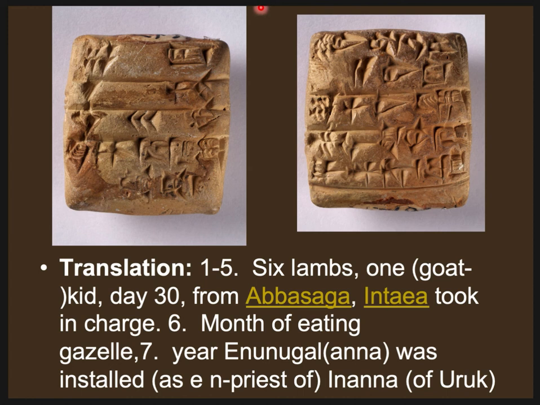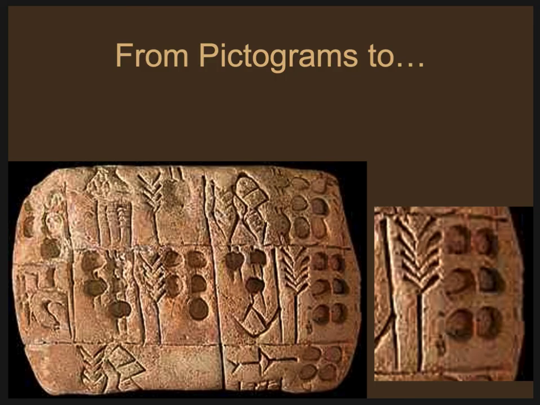So if we did this kind of writing system, we would say, first year of the reign of Joseph Biden or something like that to indicate 2021. So essentially, all this is saying is the amount of goods, who's taking charge of it, and the time and the place.